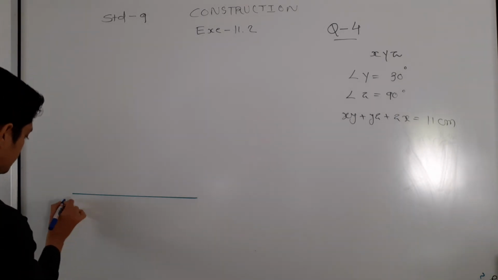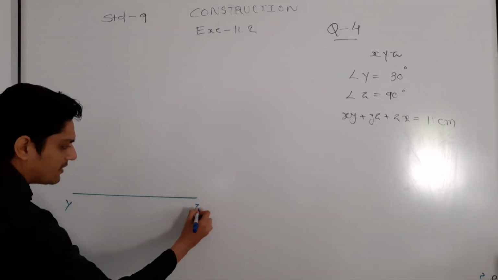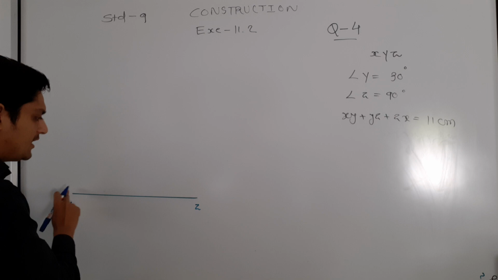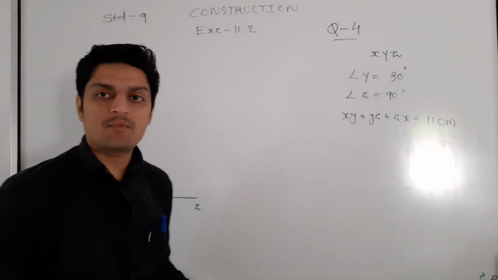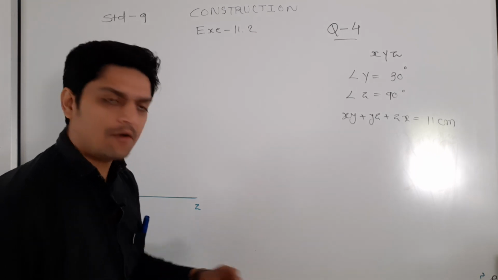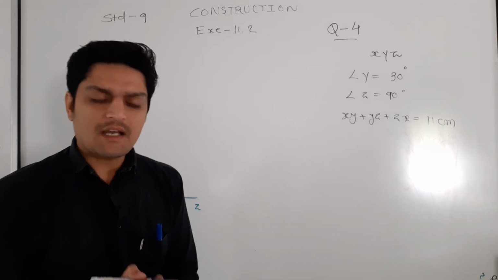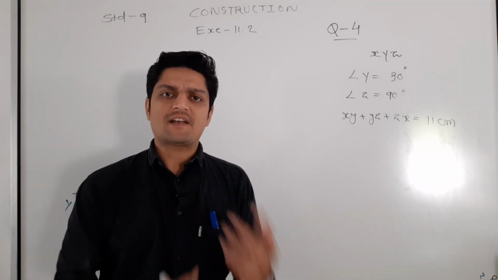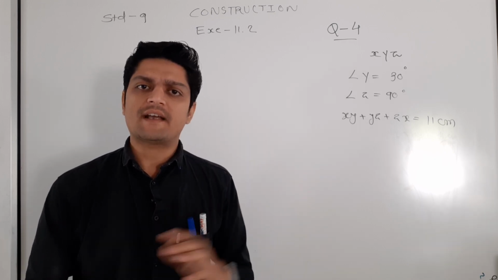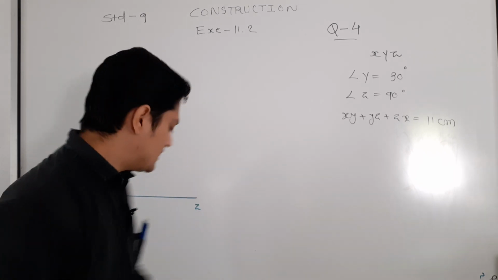So this base is your Y and Z. Now angle Y 30 degree and angle Z 90 degree, that type of angles we have to construct. You all know how to construct these angles, so without wasting any time I will draw them fast, and I will not explain what to do and what not to do.